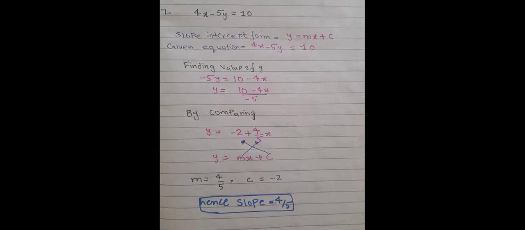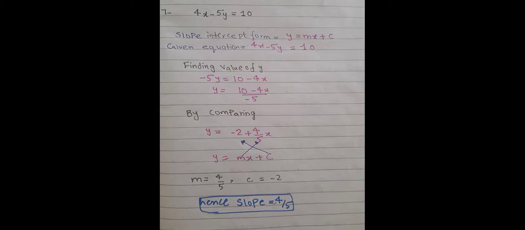In this equation we are going to find the slope, and we know the slope intercept form equation is y is equal to mx plus c. The given equation is 4x minus 5y is equal to 10.